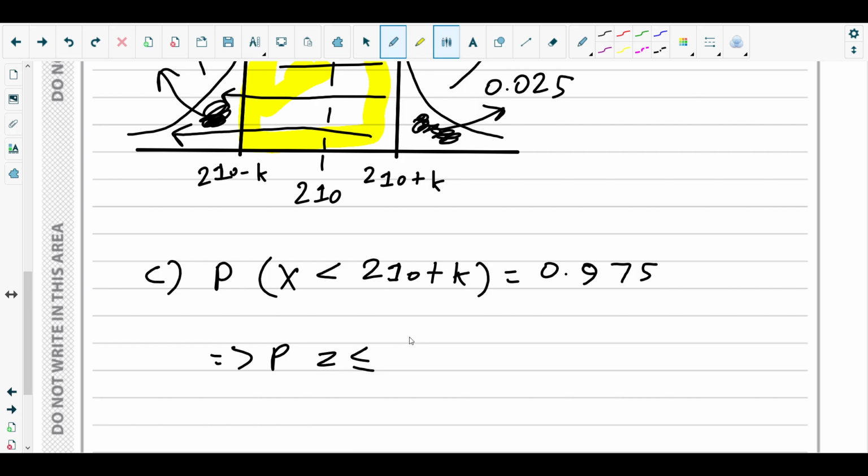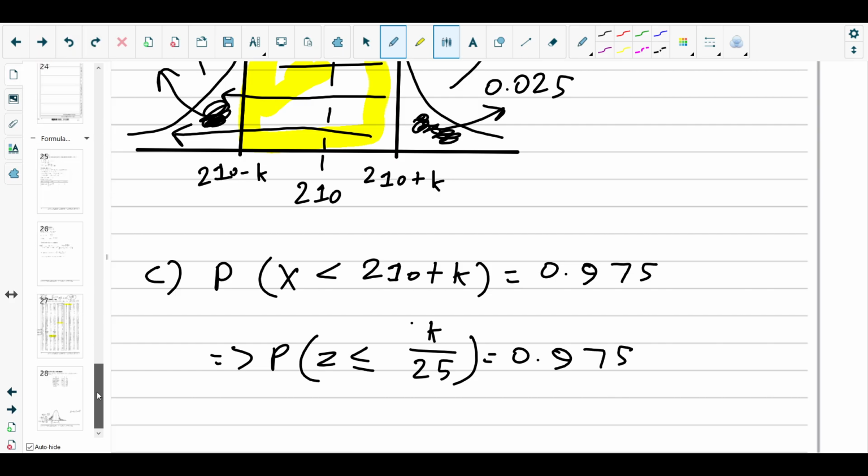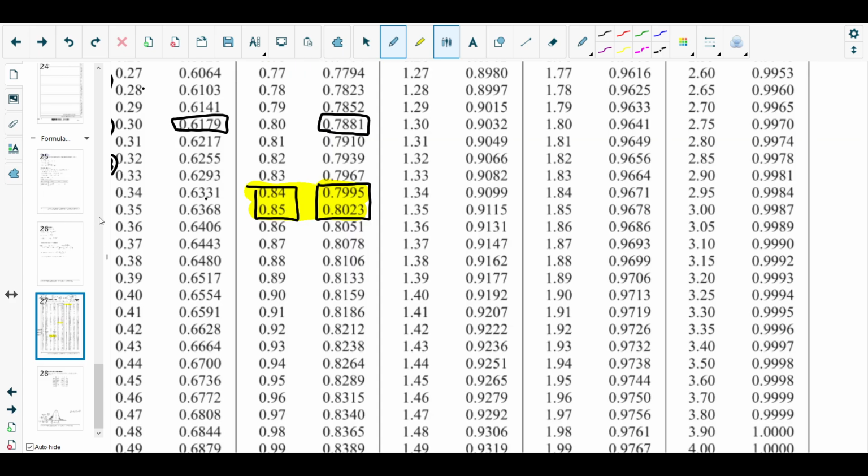Okay, now standardize the value. So less than or equal to 210 plus k minus 210. The 210 cancels out, so we get k over 25, the standard deviation, equals 0.975. Now we need to take a value from the table. Look for 0.975.